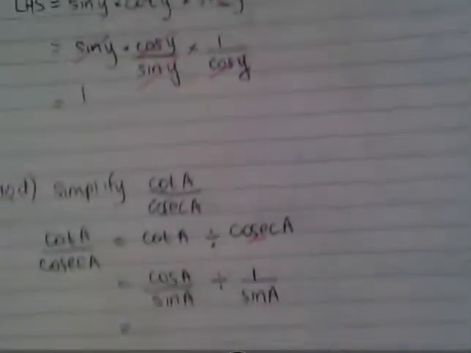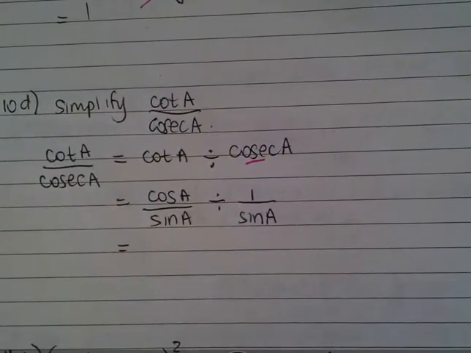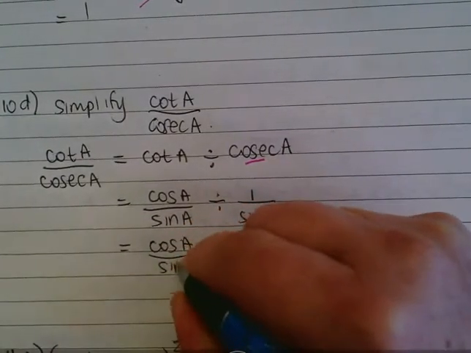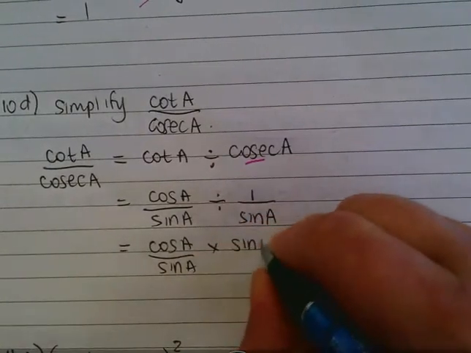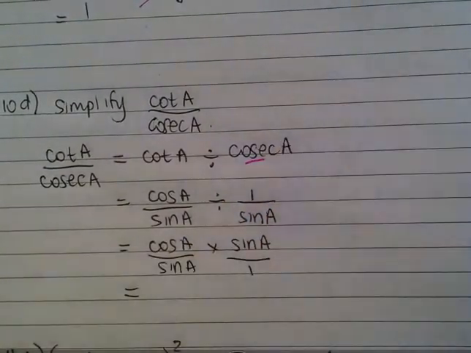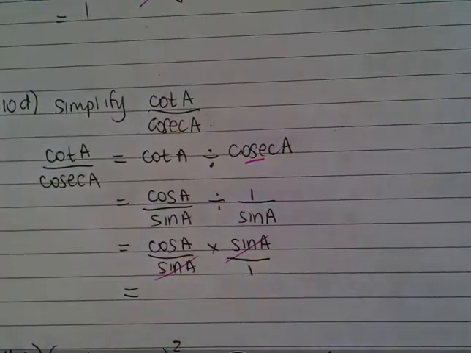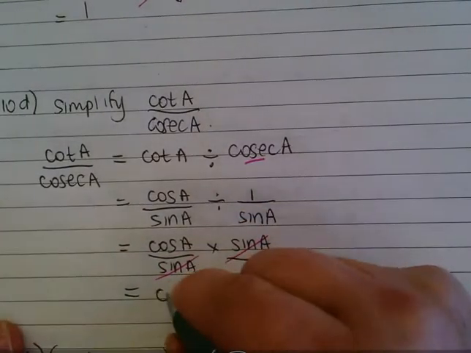You know what to do now? Do the reciprocal. Cos A on sine A times sine A on 1. And what cancels? The sines, and you're just left with cos A on 1, which is cos A.